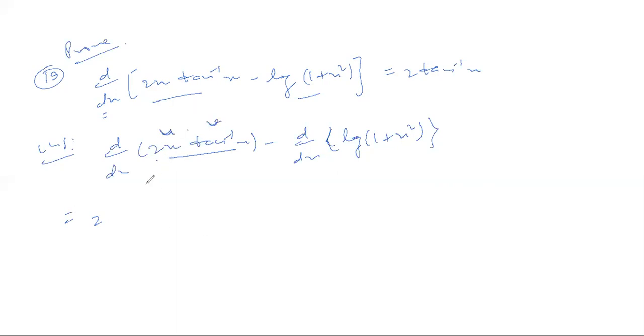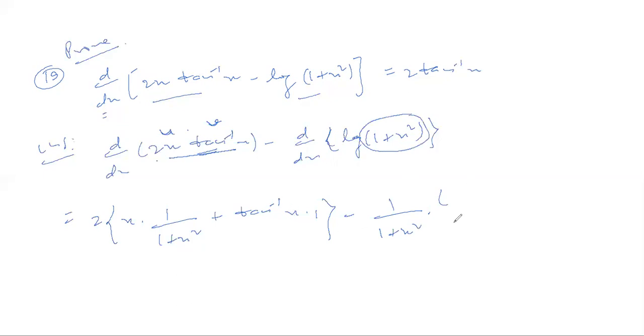So 2 will be outside and we'll write x as it is into d by dx of tan inverse, that will be 1 upon 1 plus x square, plus tan inverse x as it is, and derivative of x will be 1, minus log 1 plus x square. It will be 1 upon 1 plus x square into, since we have taken this part as x, it will be differentiated again, and that will be 2x.